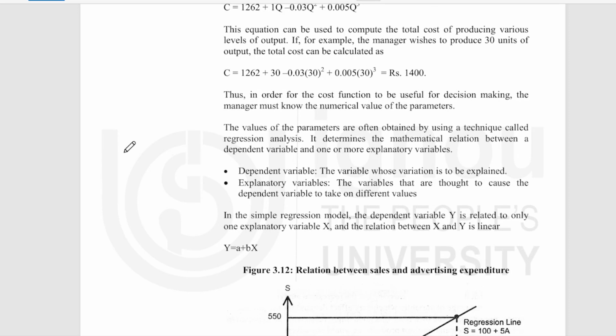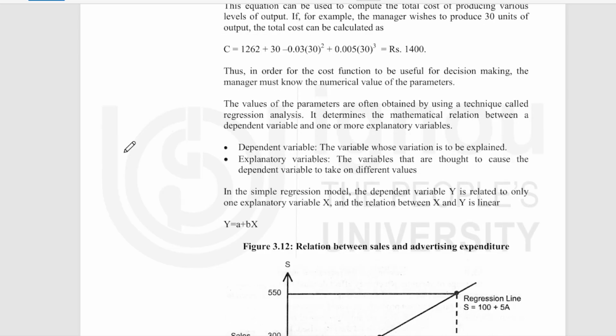It determines the mathematical relationship between a dependent variable and one or more explanatory variables. The dependent variable is the variable whose variation is to be explained, and explanatory variables are the variables that are thought to cause the dependent variable to take on different values.